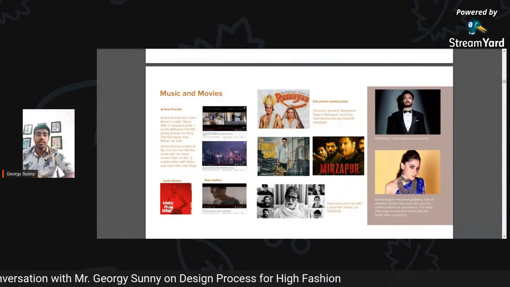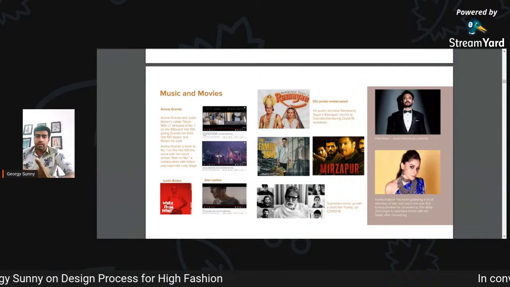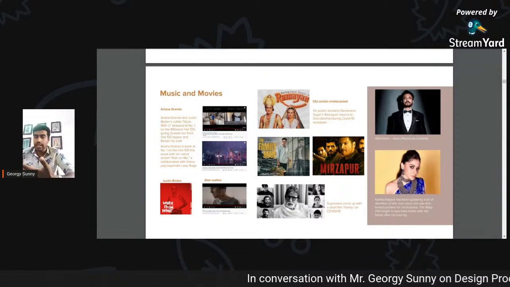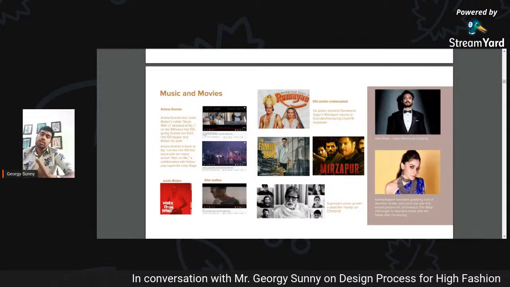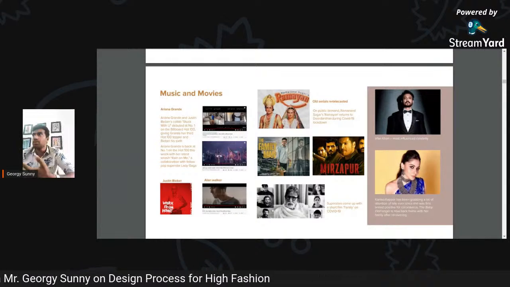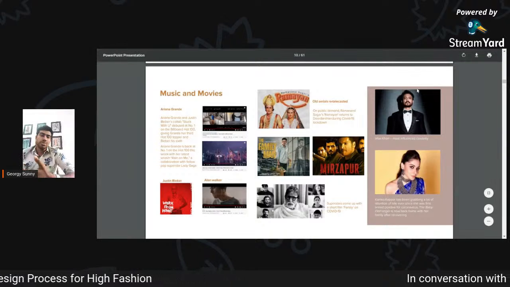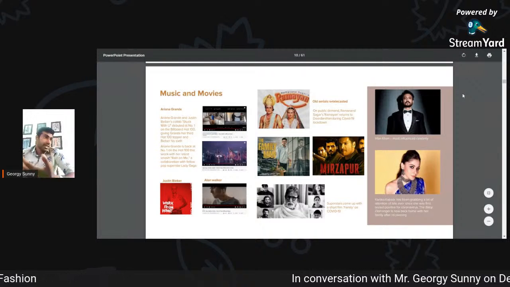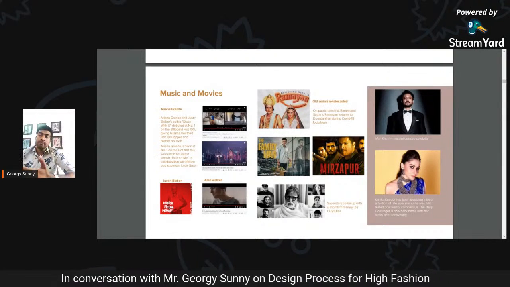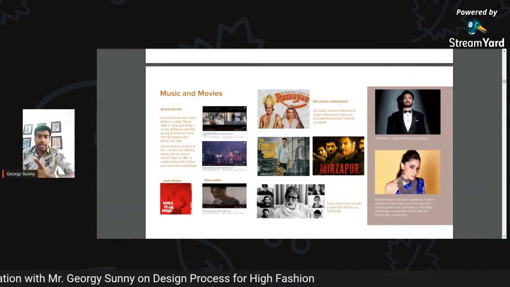The game industry is emerging like anything, because people are spending more time at their home and they're having a lot of free time. So people are more into games. And you can see another pattern of old serials and movies coming back; if you open your channels, you can see old serials are coming back. So that is definitely going to have an influence on the buying behavior of the people in the coming times. Next slide.